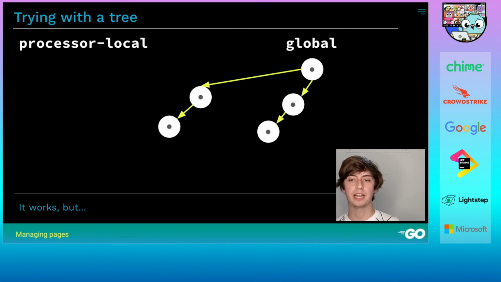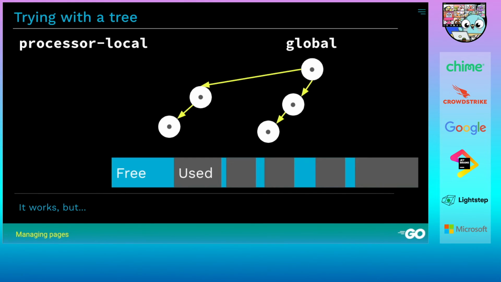So let's diagram what that might look like with this tree that we have so far. We have some global set of nodes, and we have the heap down below here. I've elided the released parts of it just for simplicity for now, because that's tracked separately at this point.